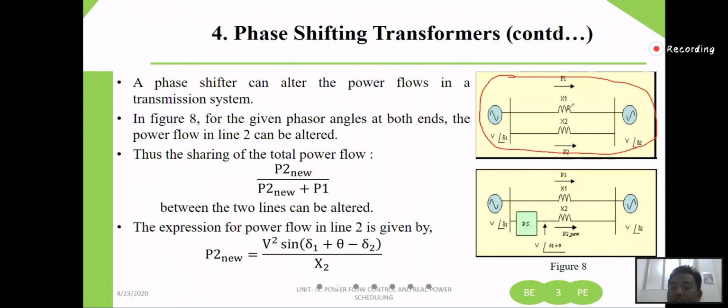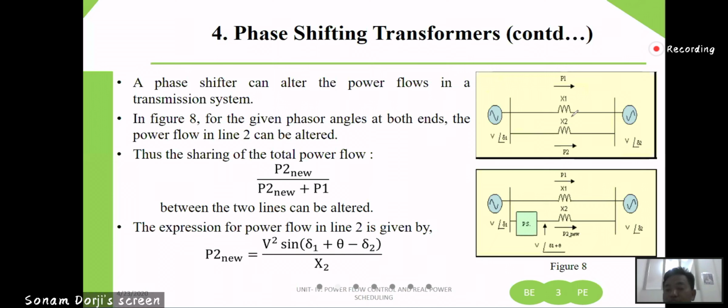Let's say through the reactance X1 power P1 is flowing, and through the reactance X2 power P2 is flowing. Now there should be a regulation or control of the power flow. Let's assume the control of power flow in line 2.